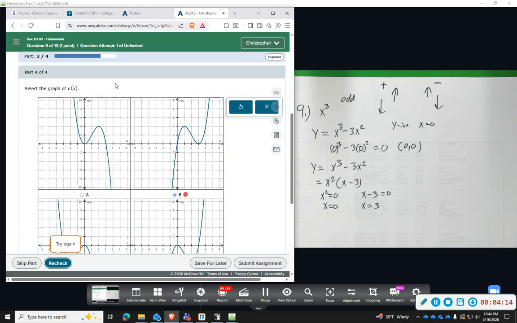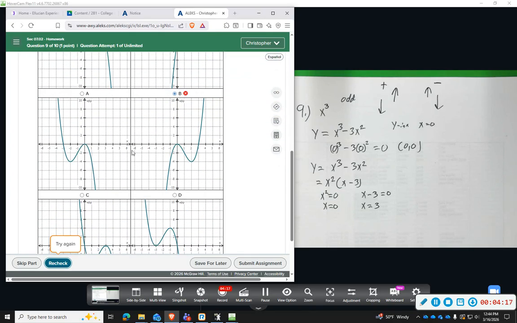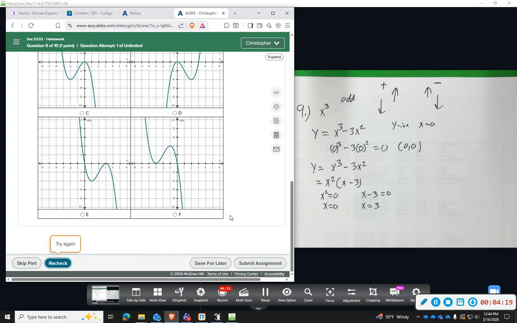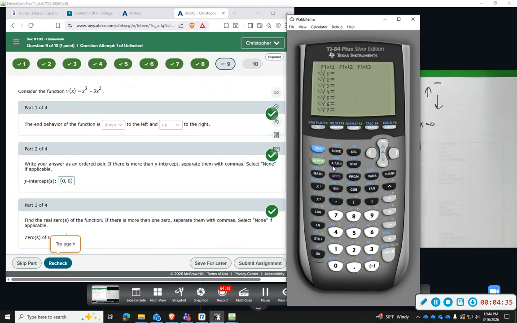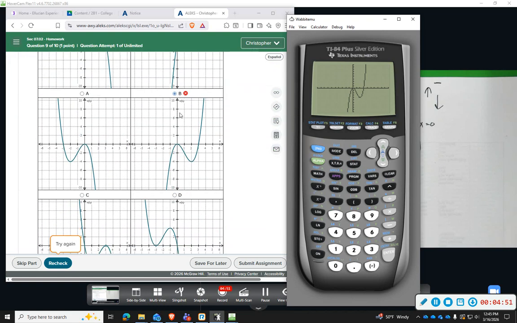That is a negative 3, so we will get a positive 3 as a root. Let me also graph it, because it doesn't look like we've done anything incorrect. Let's graph x cubed minus 3x squared. Yep, that's exactly what we are getting.